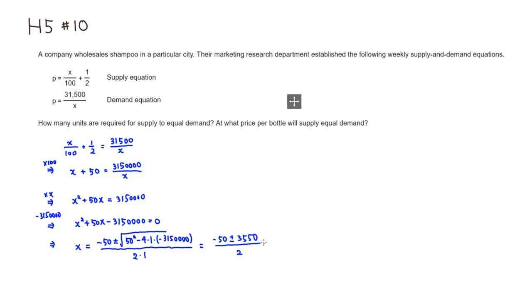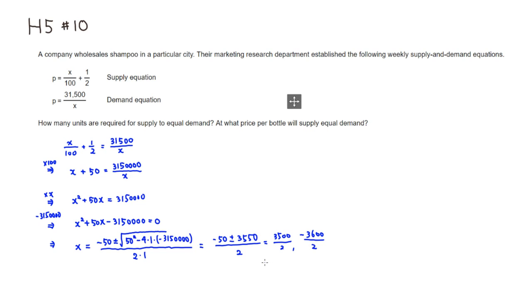If you do the addition, negative 50 plus 3550 is 3500 over 2, and with the negative it's 3600 over 2.